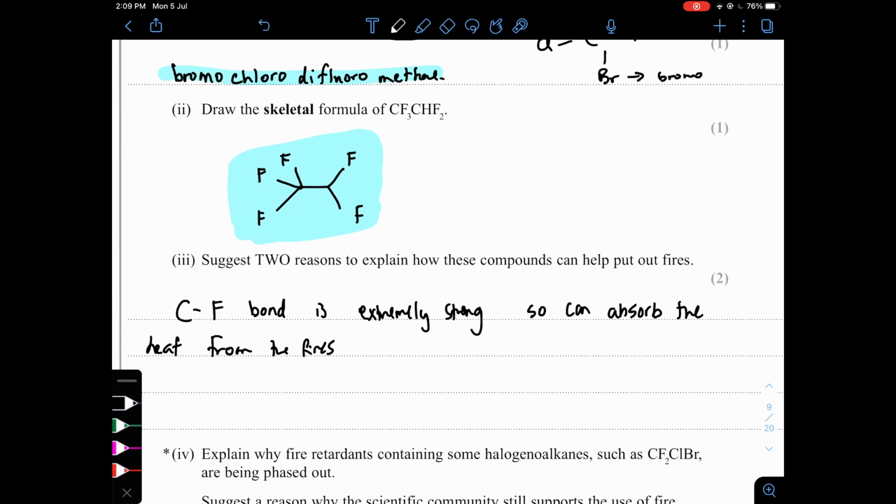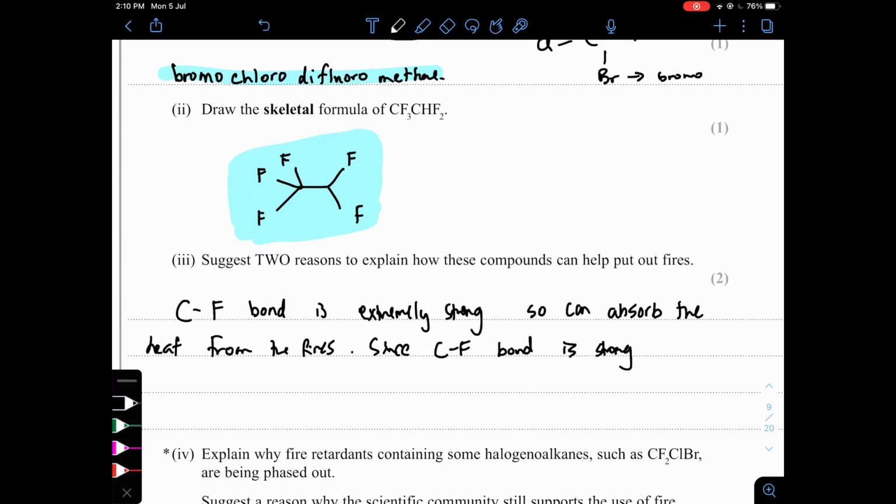Since the C-F bond is strong and it cannot react or be broken easily, it's hard to break. What does it make the molecule?